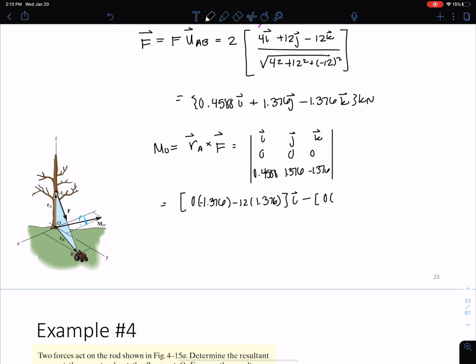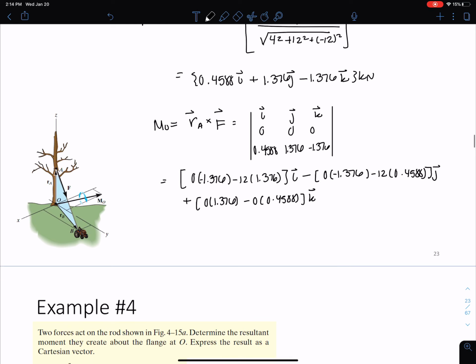Minus 0 times negative 1.376 minus 12 times 0.4588 in the J direction, plus 0 times 1.376 minus 0 times 0.4588, and this is in the K direction. I can simplify all this, and I get negative 16.5 in the I, plus 5.5 in the J, and this is in kilonewton meters.